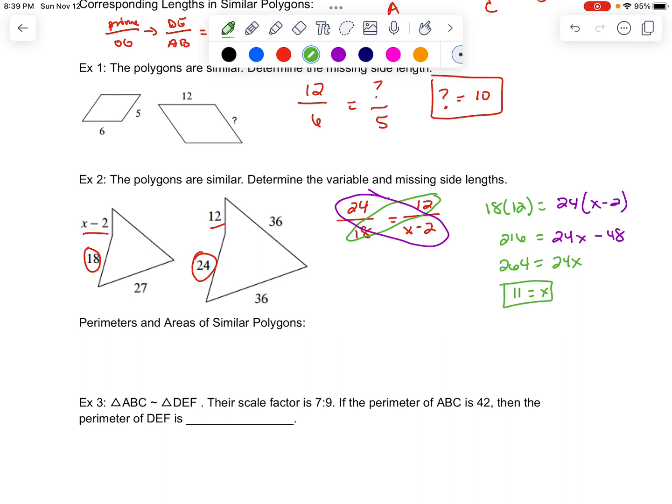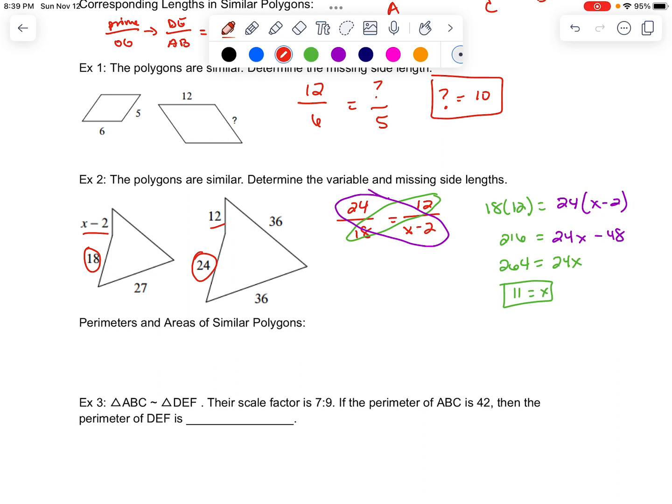And x equals 11. So cross multiplication totally works. Sometimes, like I said, you can just see the ratio and know what the ratio is supposed to be, that it's an easy one to do in your head, like example 1. But I did want to show you the cross multiplication if it's not that easy to do in your head.